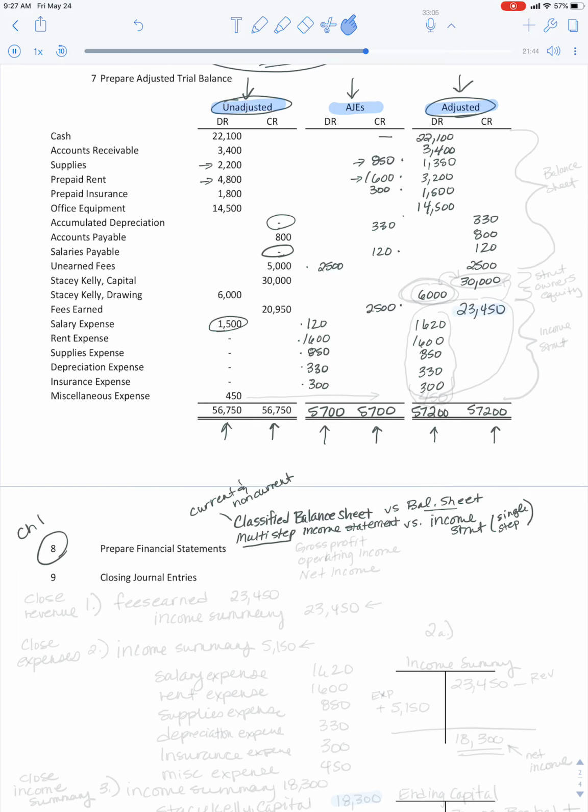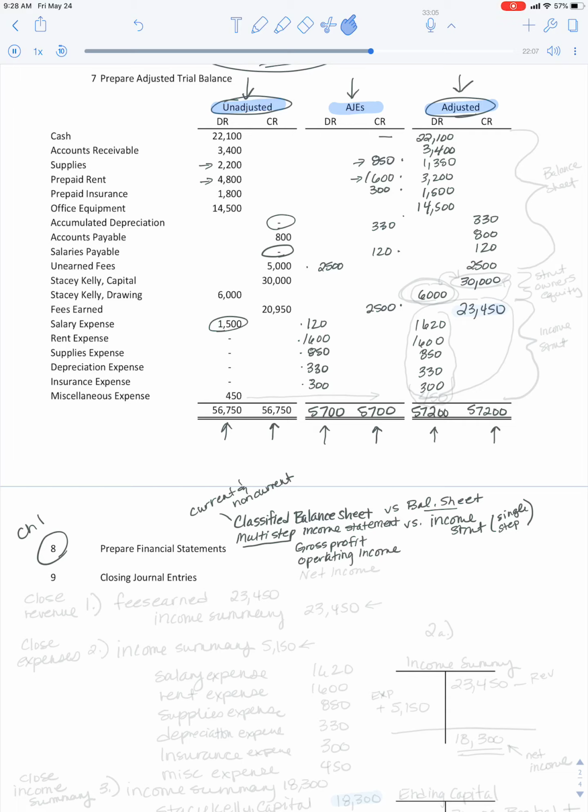A multi-step income statement in chapter 4 includes 3 totals. Your first total is gross profit, so we're going to subtract out cost of goods sold first. Then your second total is operating income, where you take out the rest of the expenses.